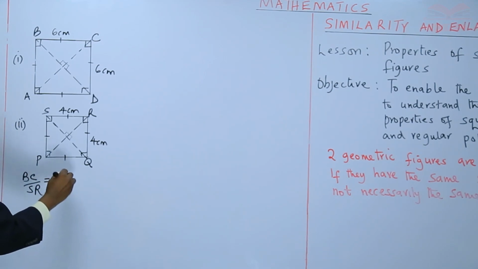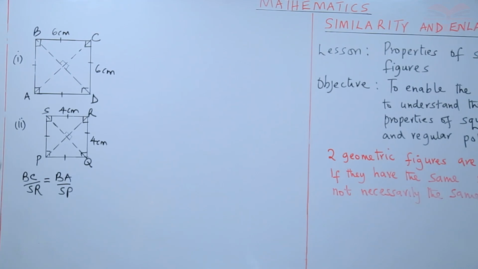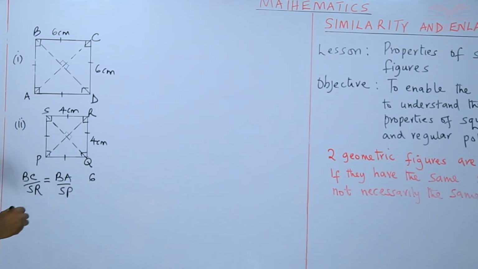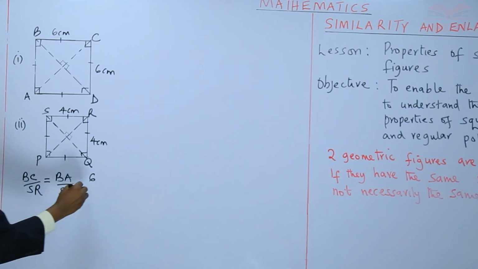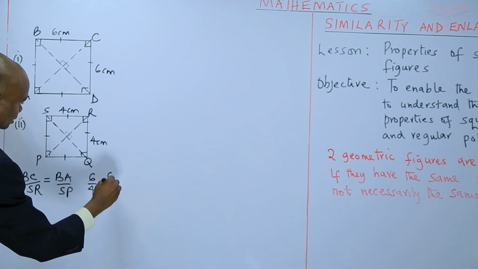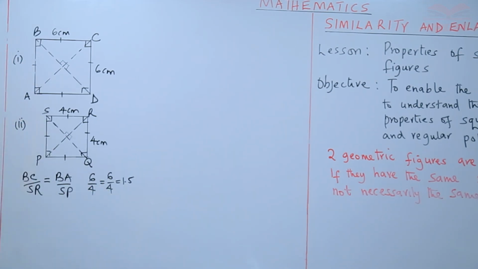We find BC is 6 and SR is 4, so 6 over 4 gives 1.5, which means they are similar.